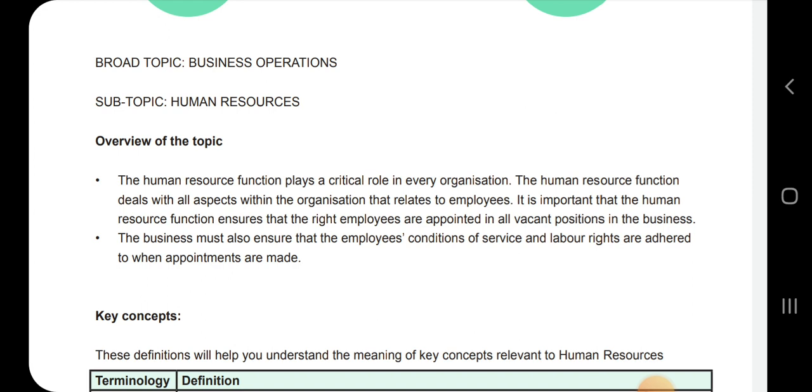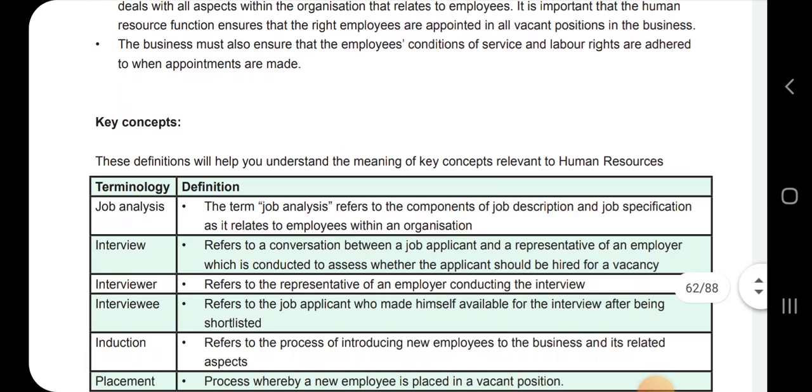I had forgotten the order in which we call it. The Basic Conditions of Employment Act we've talked about, and the Employment Equity Act as well. So businesses have to comply and make sure they do.